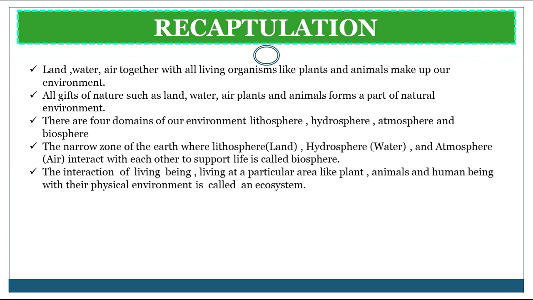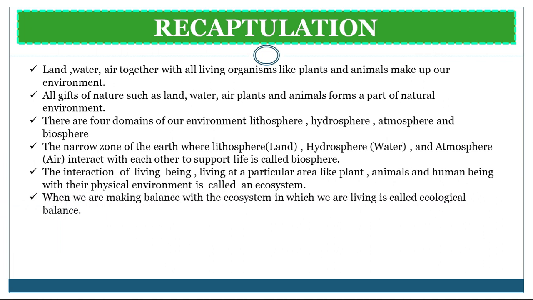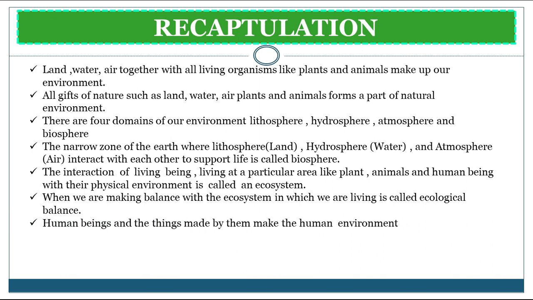Then we studied the interaction of living beings living in a particular area, like plants, animals and human beings, with their physical environment is called an ecosystem. Then when we make a balance with the ecosystem in which we are living, it is called ecological balance.